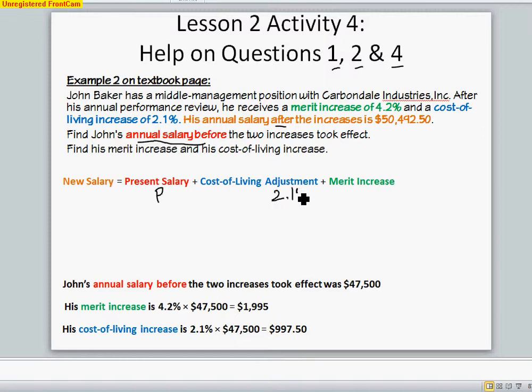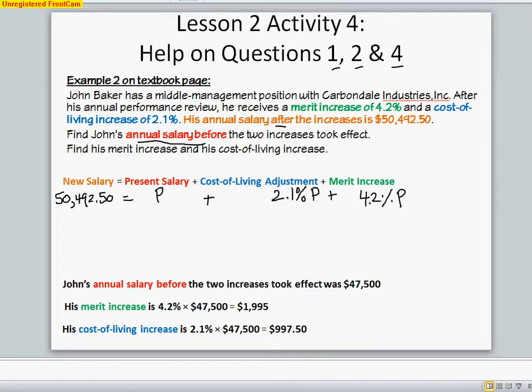Well, that would be 2.1% of, which would be multiplication, his present salary. We're adding those. And then it says the merit increase is 4.2%. Well, again, that would be 4.2% of his present salary, so 4.2% times P. And then it tells me that his new salary is $50,492.50.